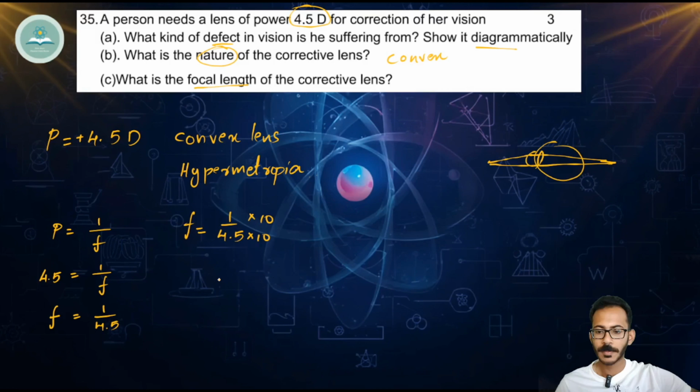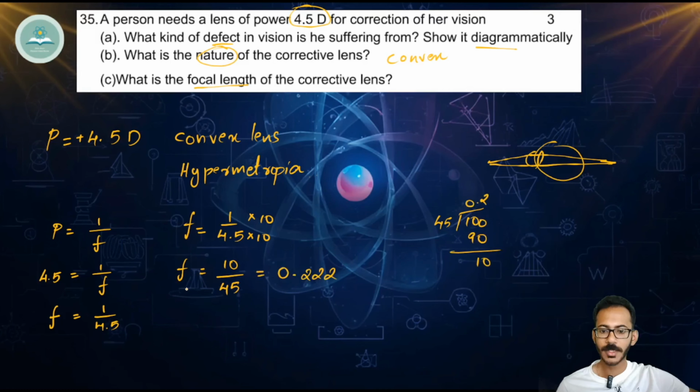So F becomes 10 by 45. When we divide 10 by 45, it won't go, so 0, then 100 gives 0.2, we'll get 90, then again remaining 10, it will keep on going. We get F is equal to 0.222. It is the focal length and we got it from the power.